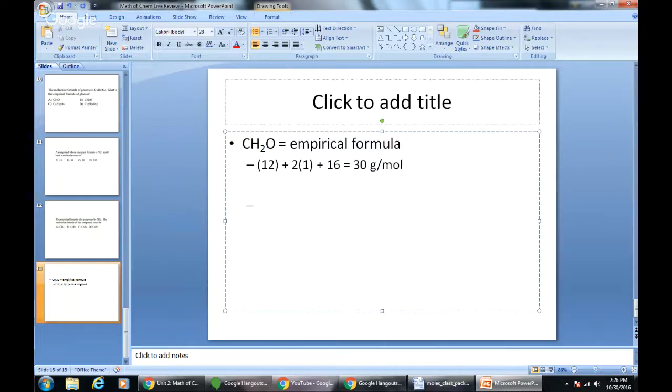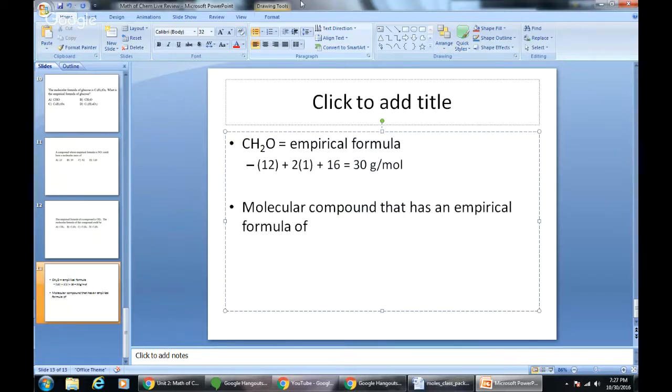Now, if I tell you I have another compound, a molecular compound that has an empirical formula of CH2O, and it weighs 90 grams per mole, that means my ratio has increased by a certain amount.